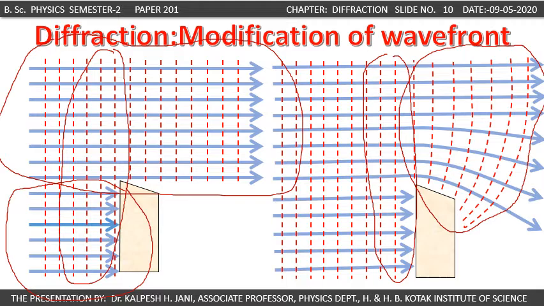So when an obstacle comes, the wave fronts get modified, and when wave fronts get modified, accordingly waves are also modified. So that is why we have taken the concept of wave front to understand diffraction phenomena.